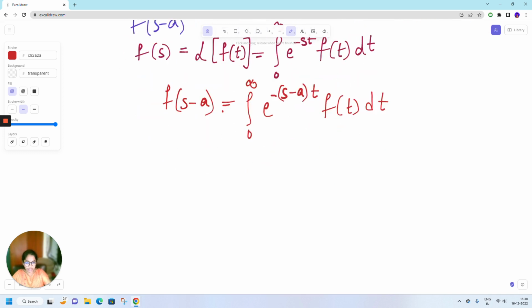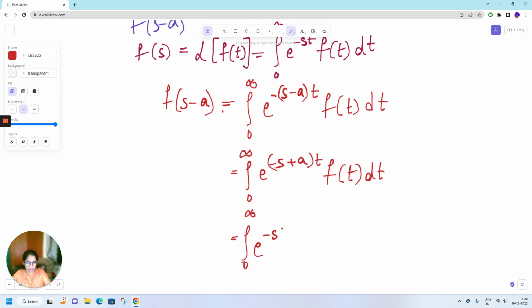Now let me multiply the negative sign, so I would get integral from 0 to infinity e to the power minus s plus a into t f of t dt. Again, from 0 to infinity e to the power minus st into e to the power at. Bases are the same. If I add the powers, I will get back the previous step.